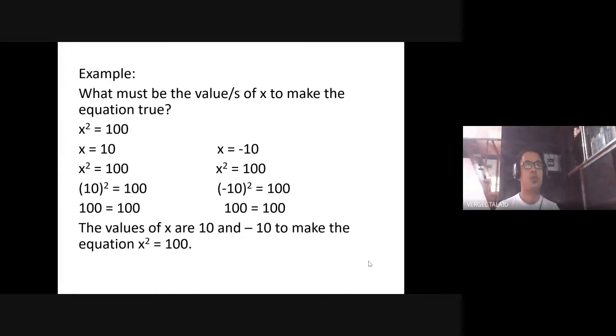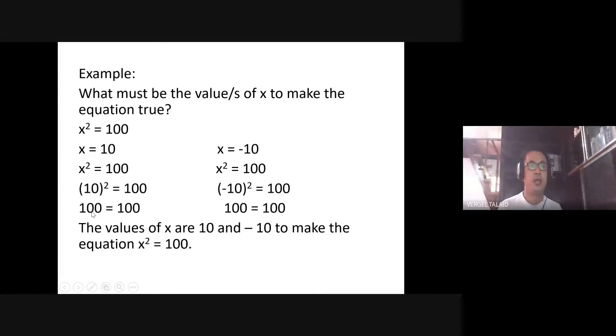Or finding the roots of the quadratic equation. For example, what must be the values or value of x to make the equation true? So if we have x squared is equal to 100, what must be the value of x? Yes, x is equal to 10 because if you are going to get the square of 10, that is equal to 100.